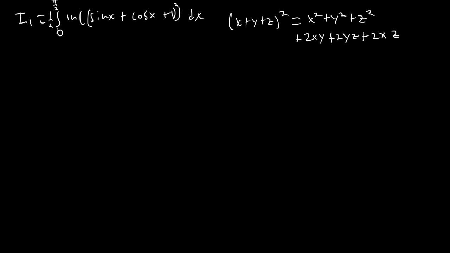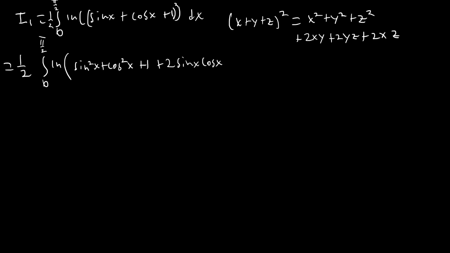So we're going to have 1/2 times the integral from 0 to pi over 2 of the natural log of sine squared x plus cosine squared x plus 1 plus 2 sine x cosine x plus 2 sine x plus 2 cosine x.